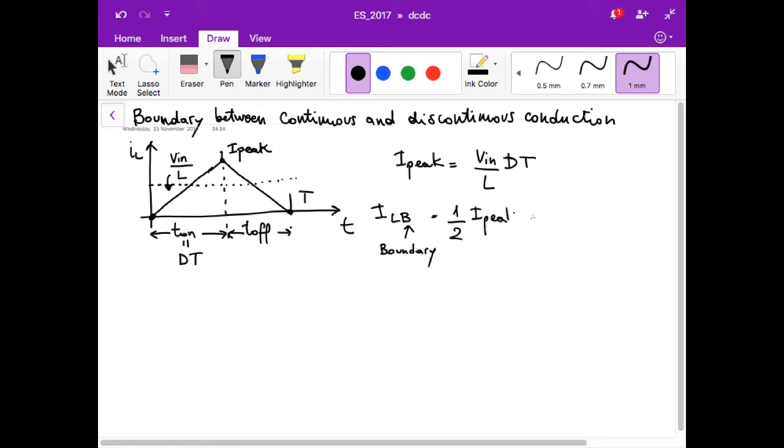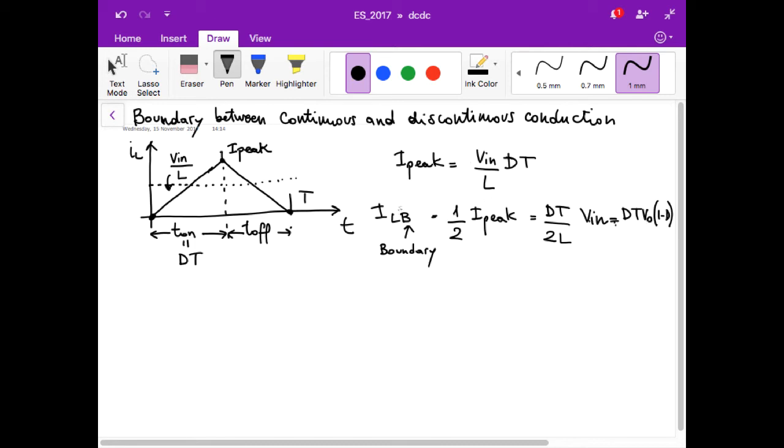This is exactly the same type of reasoning that we have done for the buck converter. We can write it as a function of the output voltage, and therefore, since the input voltage is the output voltage times 1 minus d, we can write it in this way.